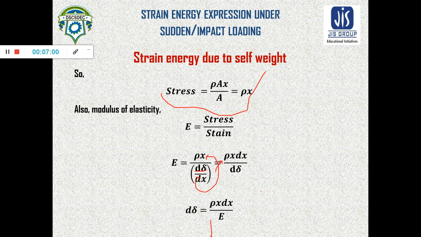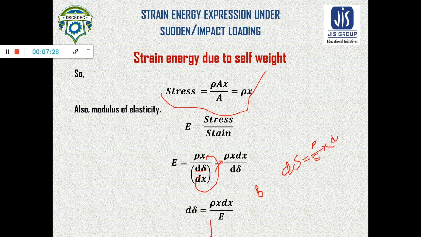From here we can write the elongation d delta is equal to rho by E x dx.